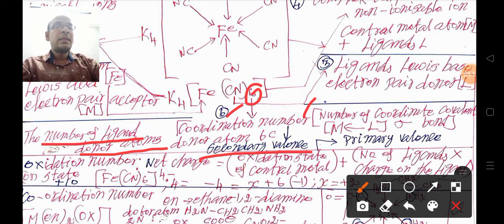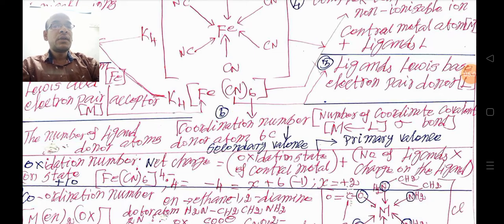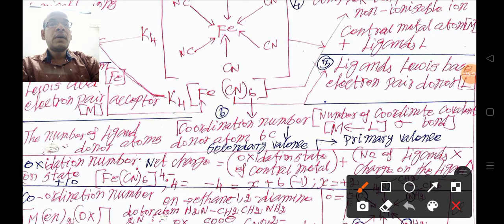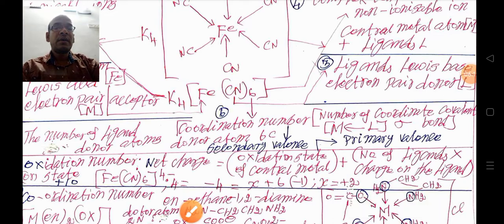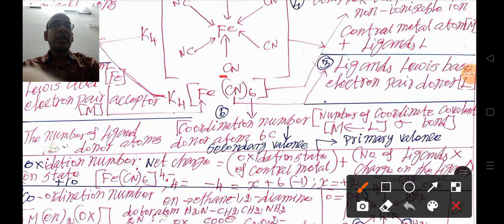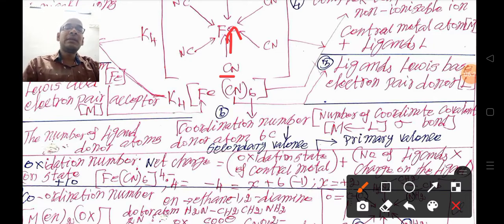The ligand, in this example, has two atoms, carbon and nitrogen, in which carbon donates the lone pair to the central metal ion. Therefore, carbon atom is called donor atom.